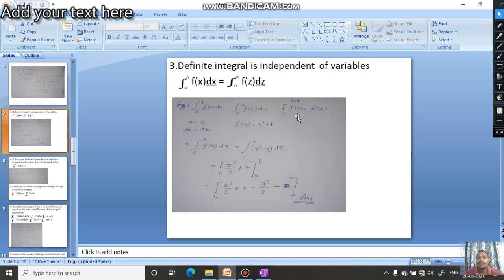I put f of x equal to x square plus 1 in this property and simply change x to z. In place of x I put z. Then f of z is equal to z square plus 1. The final outcomes are the same. That's why the definite integrals are independent of the variables.